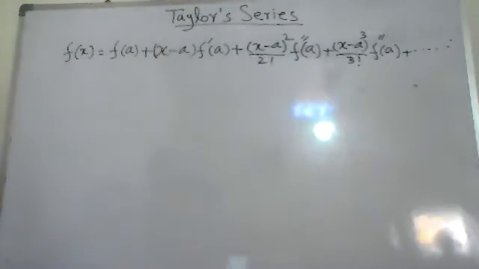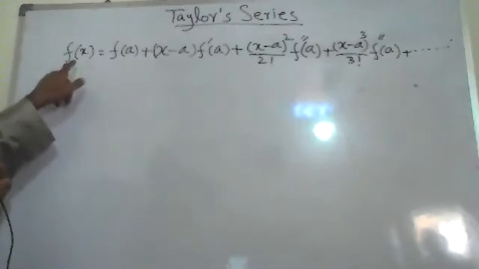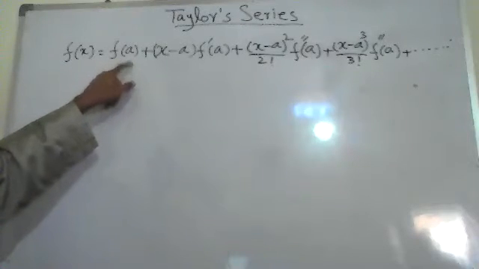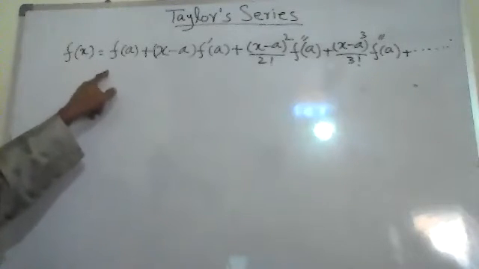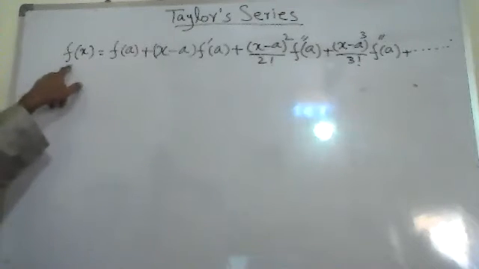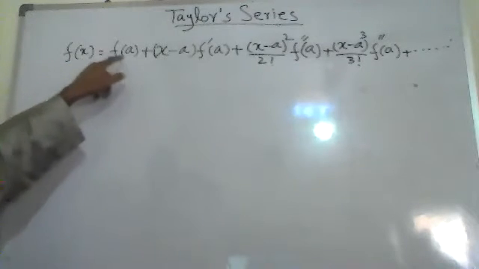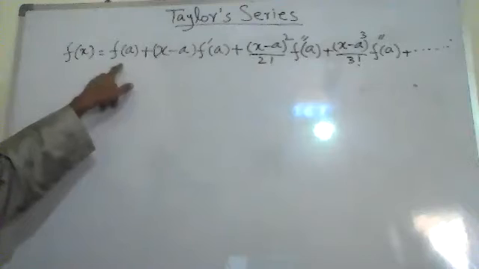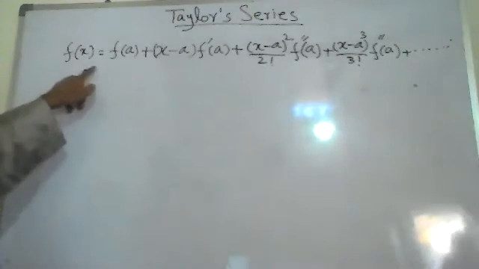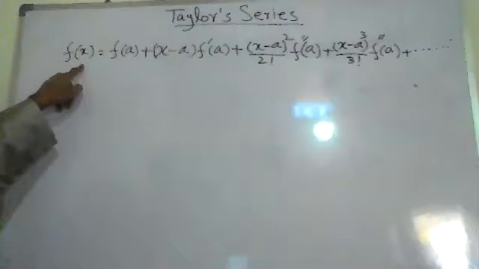First of all, we will find f of a. In the function f of x, x is replaced by a. That will be the first term. Then we will find the first derivative of f of x, f dash x.